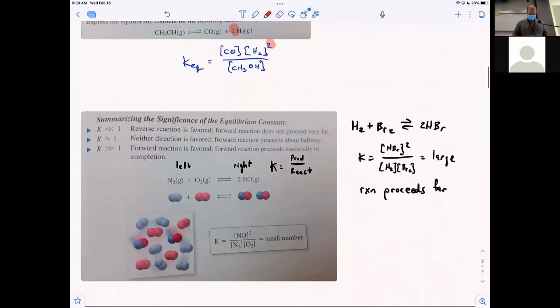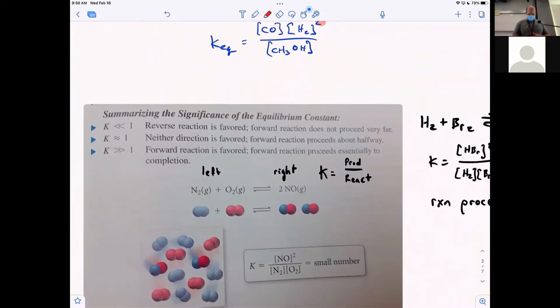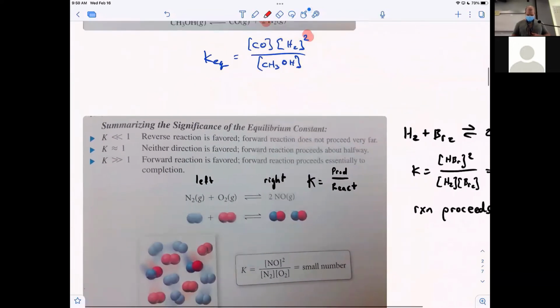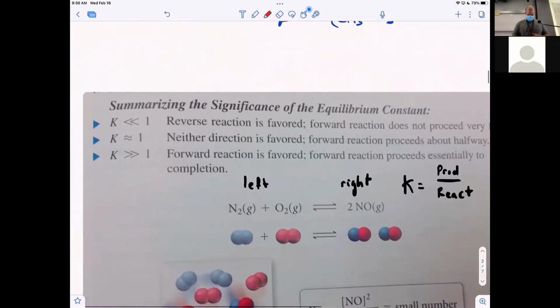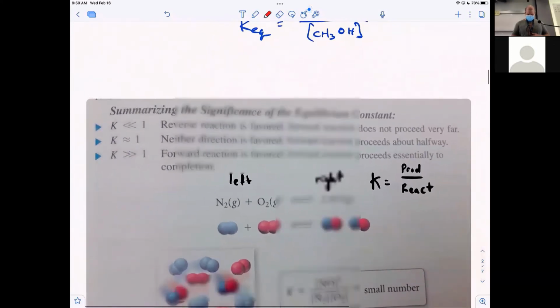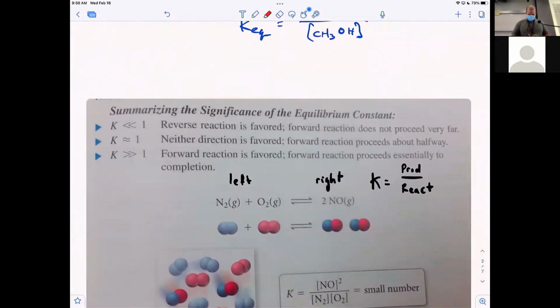So let's talk about the significance of the equilibrium constant and more of its magnitude. I always think of it as products over reactants. So if the equilibrium constant is significantly smaller than 1, so if the equilibrium constant is very, very small, that means it's a small number.